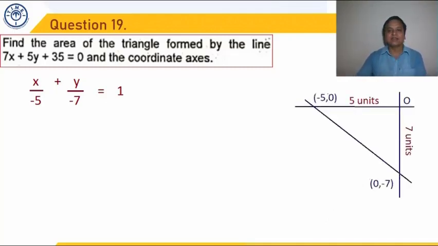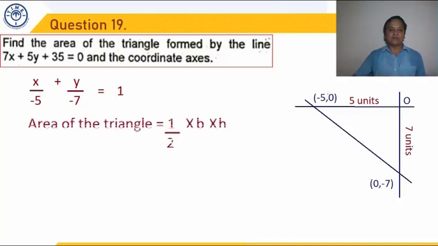And if we draw this straight line on the coordinate axis, x-intercept is minus 5 units, and on the y-axis, minus means on the negative side, it's 7 units. Now the angle between the x-axis and y-axis is a right angle and we have to find the area of this triangle formed by the line 7x plus 5y plus 35 equal to 0 and the coordinate axis.